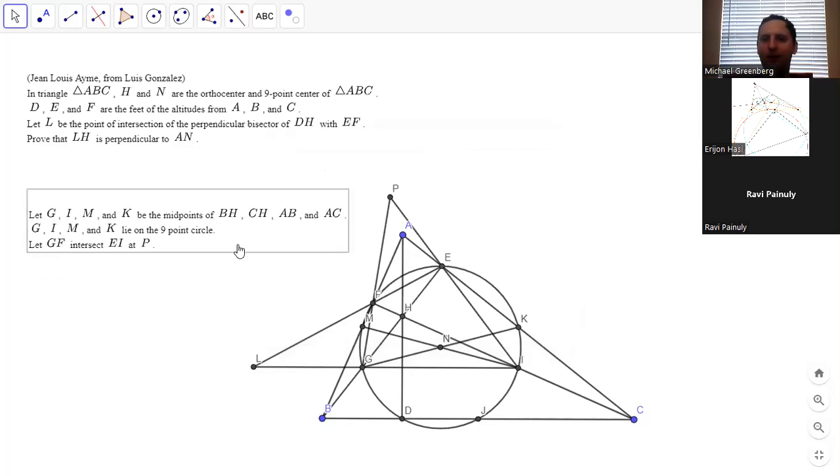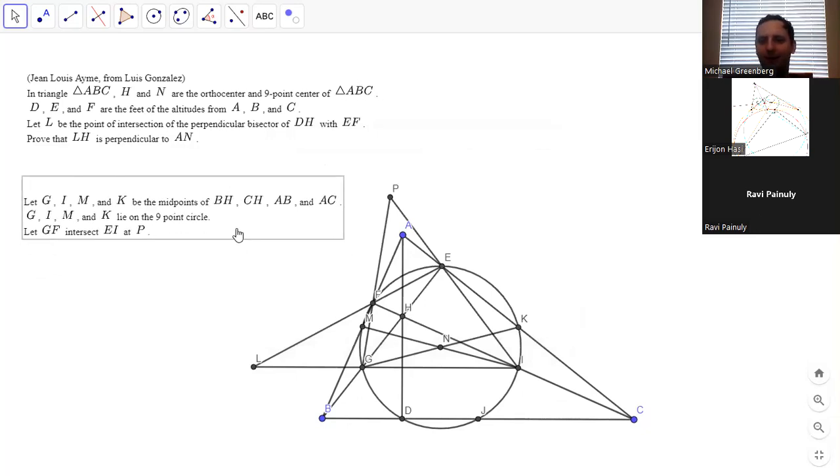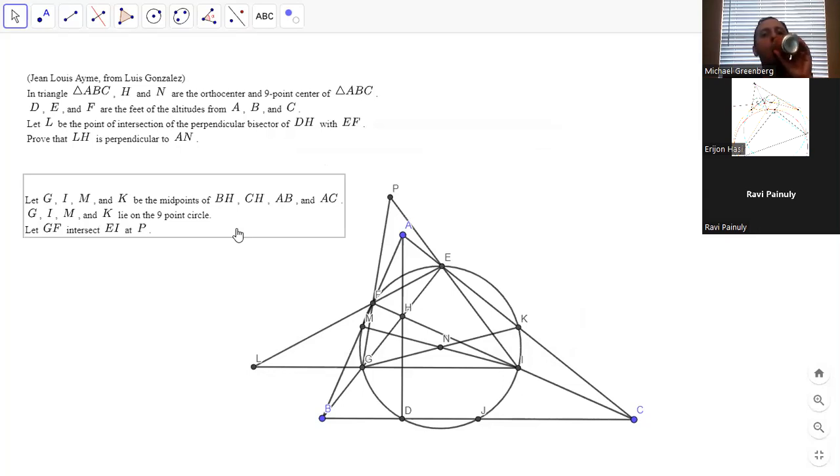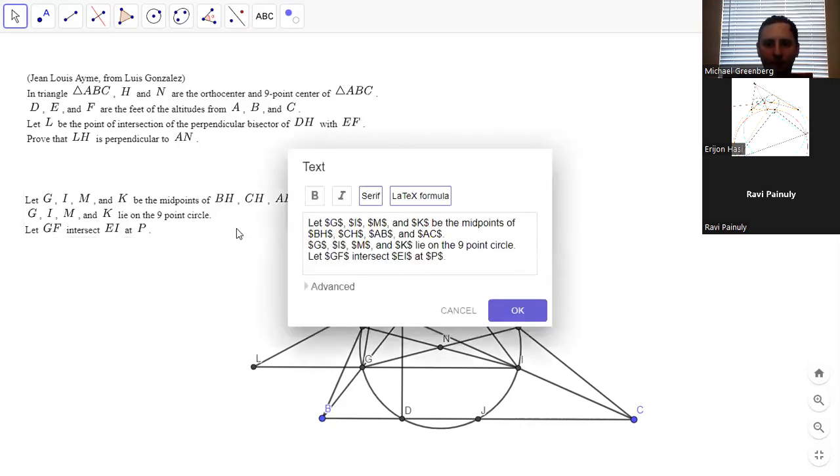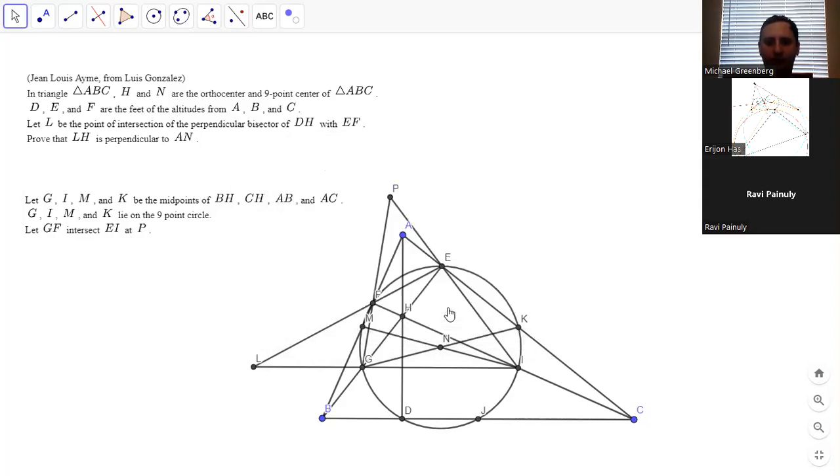Oh, what's OMC? So I'll have to check it out after the session.